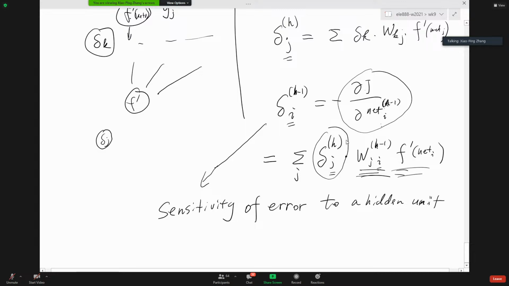Right, you see, this is J. The derivative to this layer is a sensitivity. So this sensitivity is related to the upper layer sensitivity. Okay.